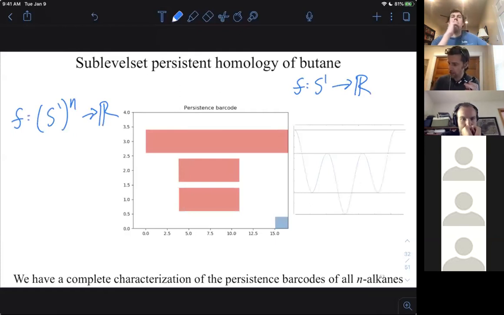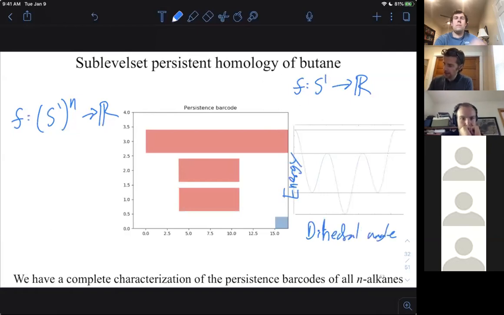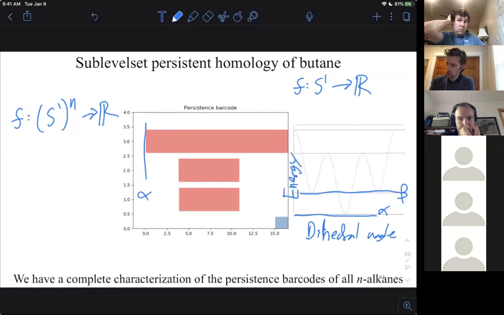Okay, so we're going to start with 4 carbons, but add them one by one. So this is butane, 4 carbons. This is an energy function on the circle drawn on the right. So here I have energy and dihedral angle. And if I call this height alpha, that's the birth of the global min. If this height is beta, that's the height of these 2 local minima.